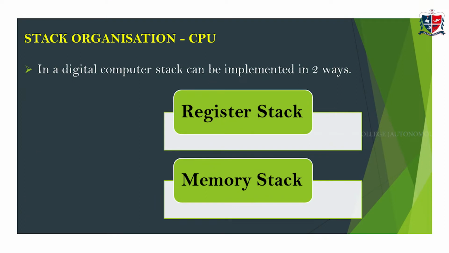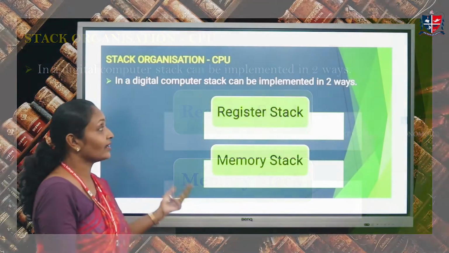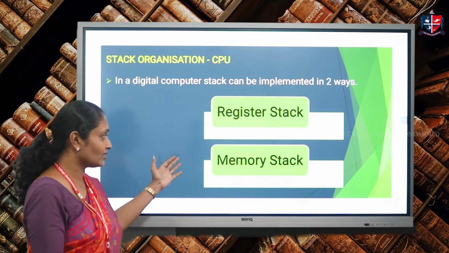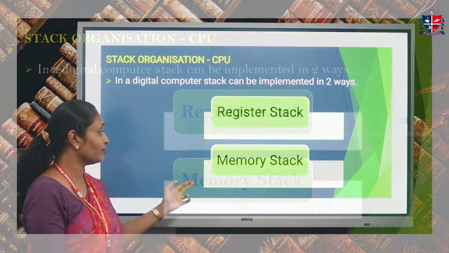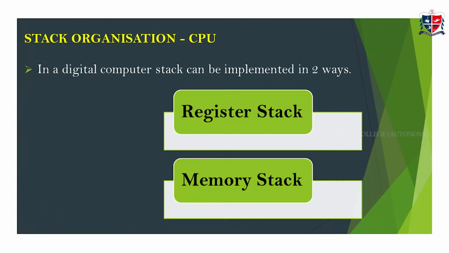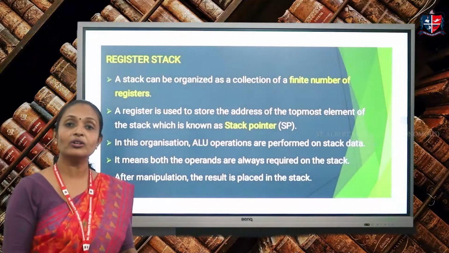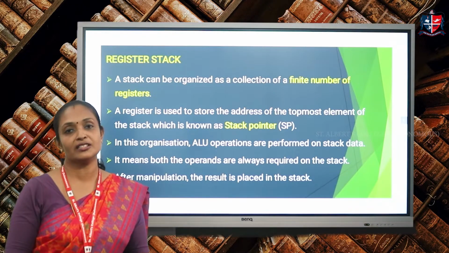In a digital computer, the stack can be implemented in two different ways. The first one is the register stack, the second one is the memory stack. In this video, I will explain the register stack. A stack can be organized as a collection of a finite number of registers, and it is known as a register stack. We all know the importance of registers in the CPU.